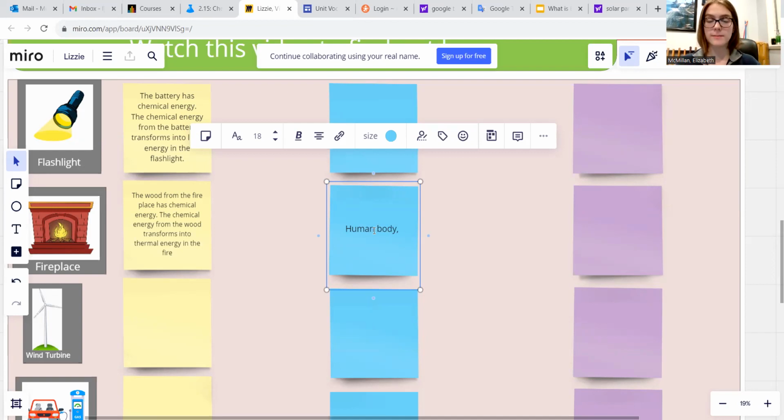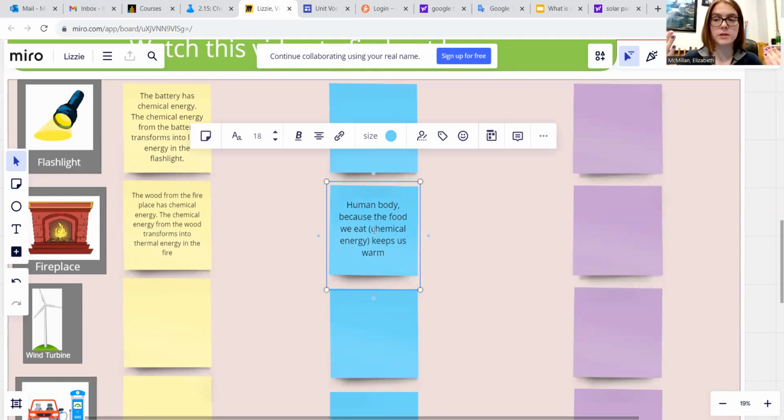So I wrote human body because the food we eat, chemical energy, keeps us warm.